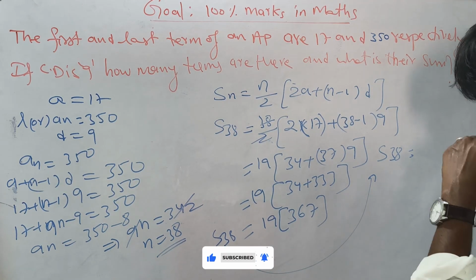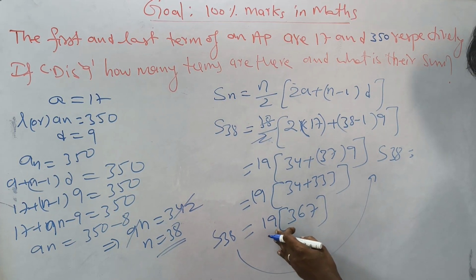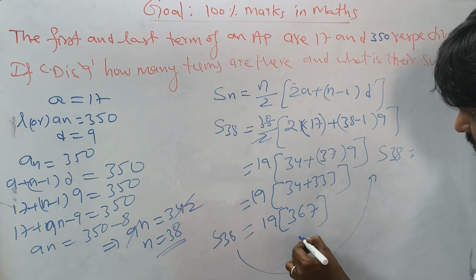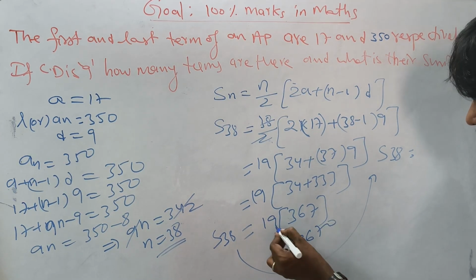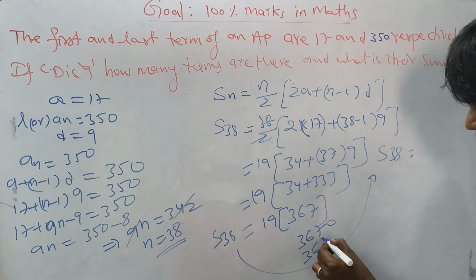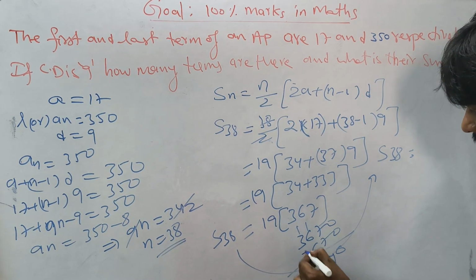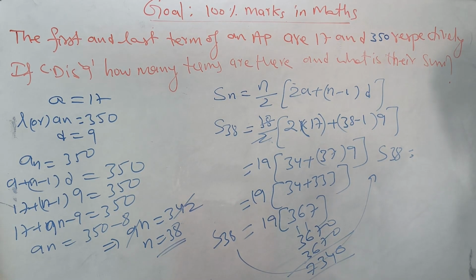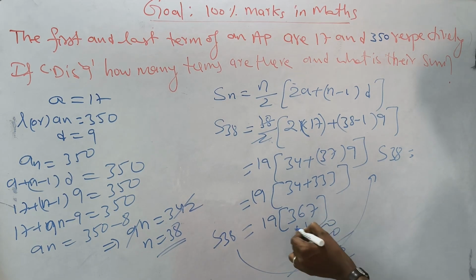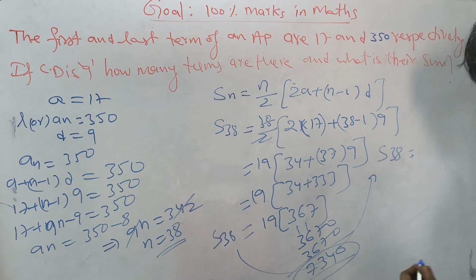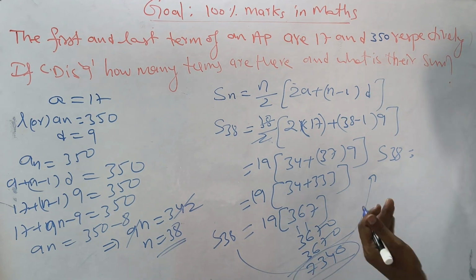First of all, you can take 20 times 367. Ten times 367 is 3670, so twice that is 7340. From this, you have to subtract 1 time 367, because we required only 19 times but we took 20 times, to make the calculation easy.